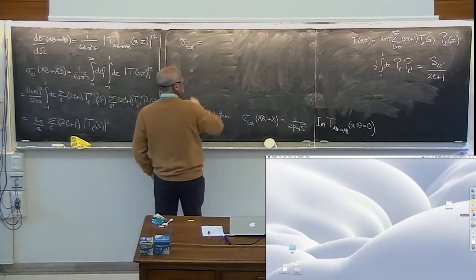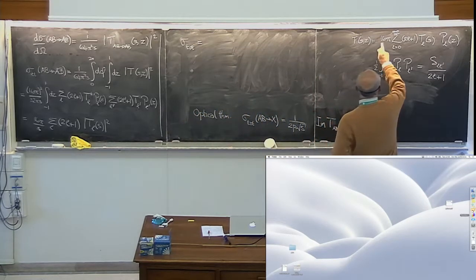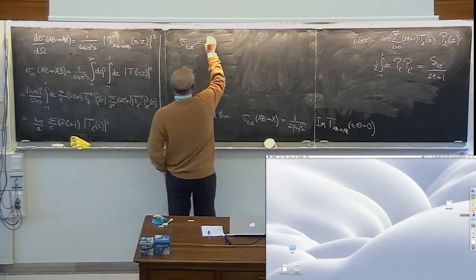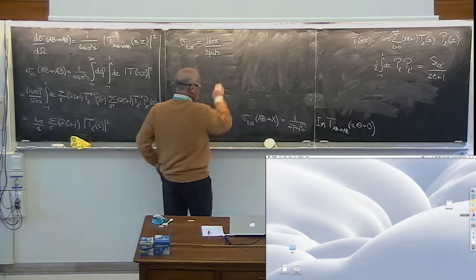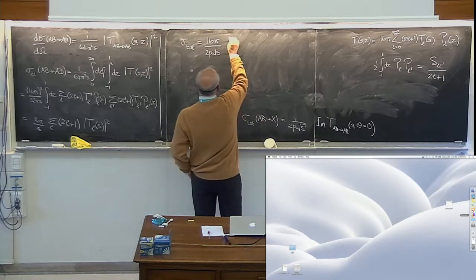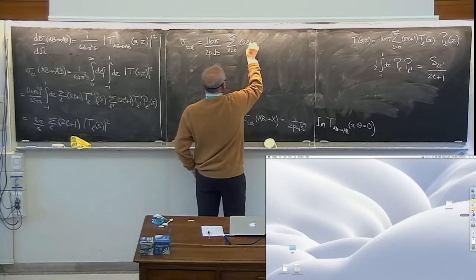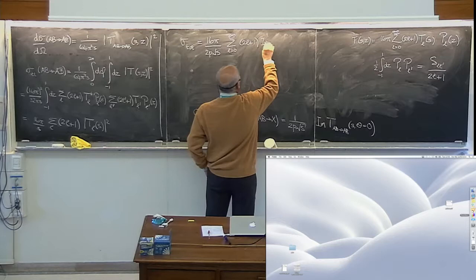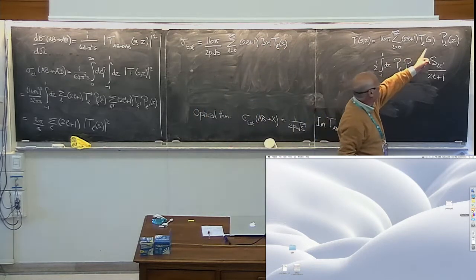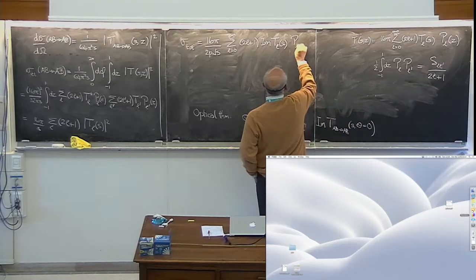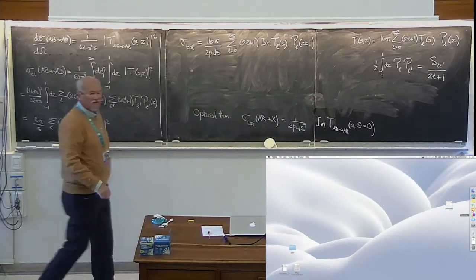Sigma total, for exactly the same process, is equal to, and we're going to substitute again a 16 pi. So we get 16 pi over 2p root s, and then the sum L equals 0 to infinity, 2L plus 1, the imaginary part of the T_L of s, which are the imaginary parts of these, times the Legendre polynomials at cos theta equals 1, namely in the forward direction.